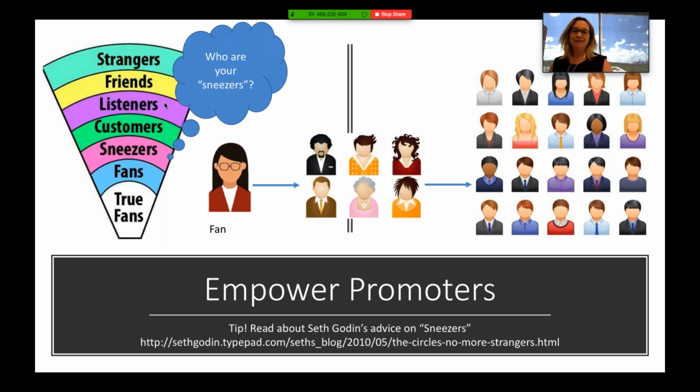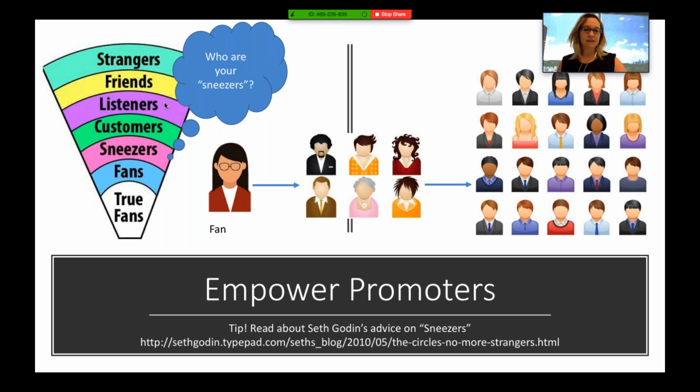So over here, you see it starts with a fan, or a true fan. Maybe this is someone who works for your organization because they have a real close connection to your cause. Maybe it's a volunteer who's a true fan.